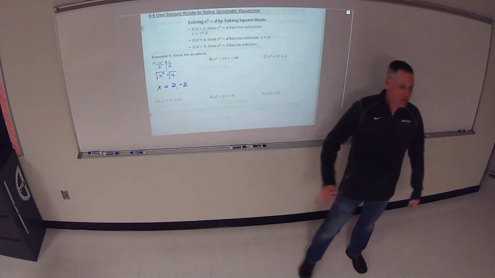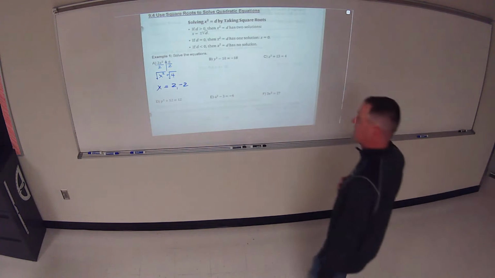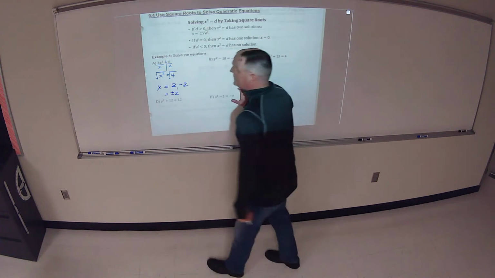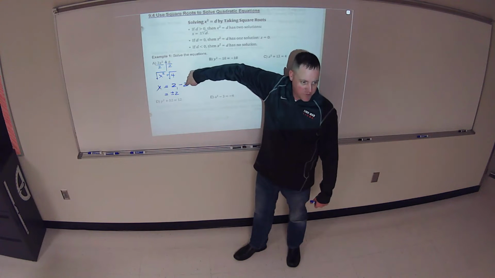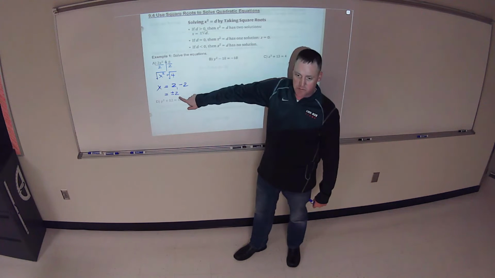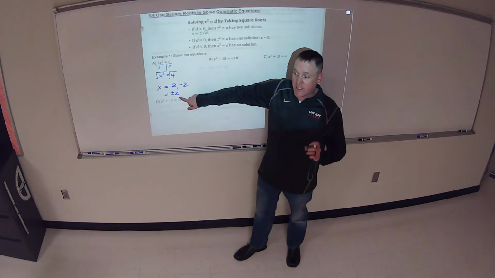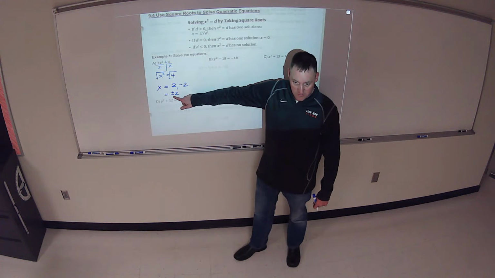Now, one thing that I also want to expose you to, because when you go to check your answers to tonight's homework tomorrow, this is how you're going to see it written. You can shorthand this. If the answers are the same 2 numbers, but one's positive and one's negative, you can shorthand it just by writing a plus minus sign in front. I bring this up because the next standard, which we will start to discuss next Tuesday, incorporates the plus minus in it.